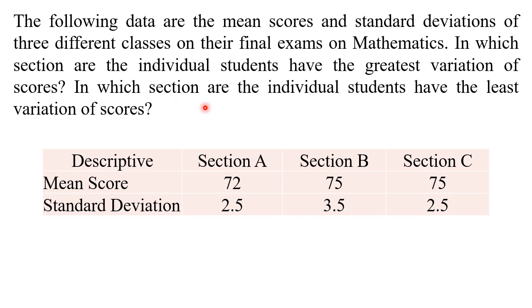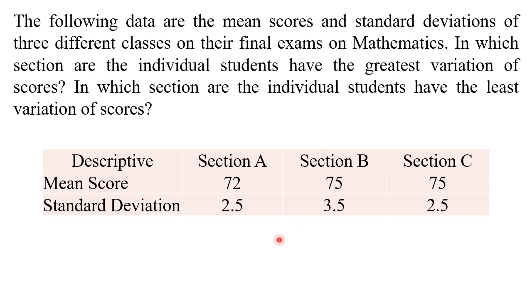In which sections do the individual students have the least variations of scores? Although, class, we are given the mean and standard deviations, because of the coefficient of variation, we can now visualize which among these sections have students' scores that are very close to one another.